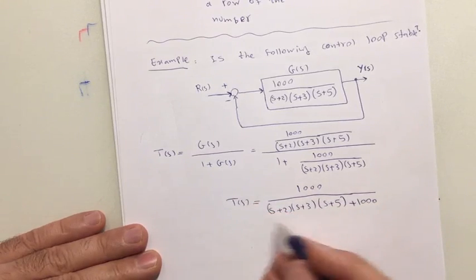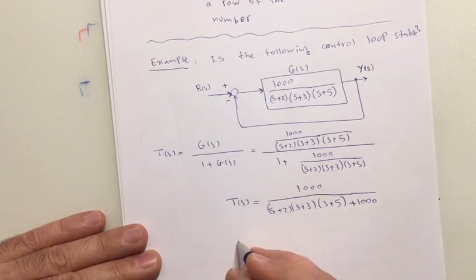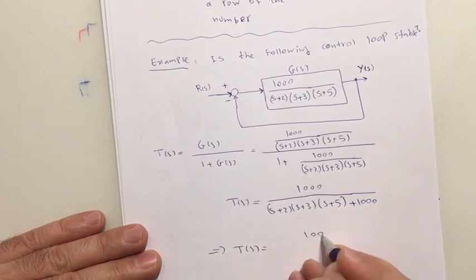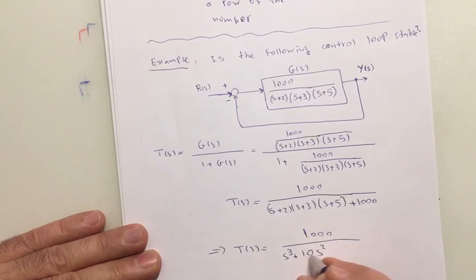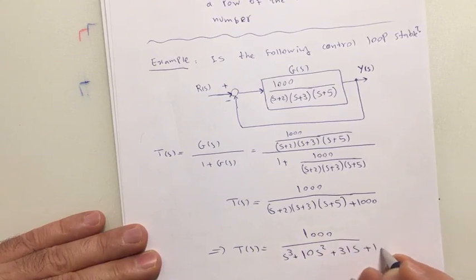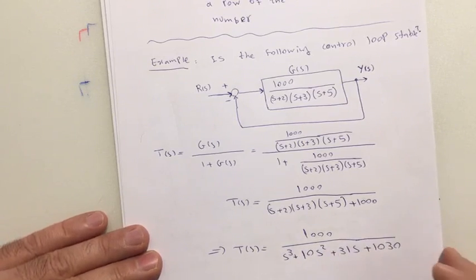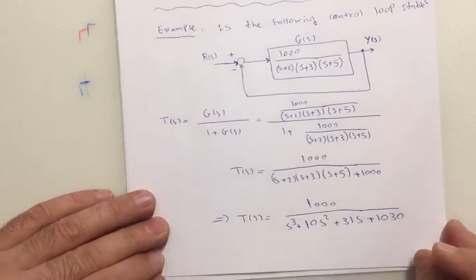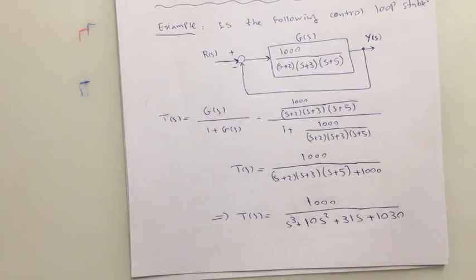If you also multiply that out, T(s) is 1000 divided by s cubed plus 10s squared plus 31s plus 1030. So this is the closed loop transfer function.